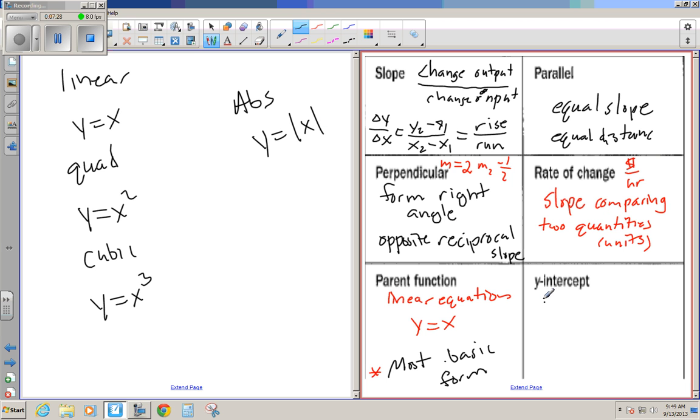The y-intercept is the location in an equation where it crosses the y-axis. That's the y-intercept. So here's a graph. Here's a line. The y-intercept is right there.